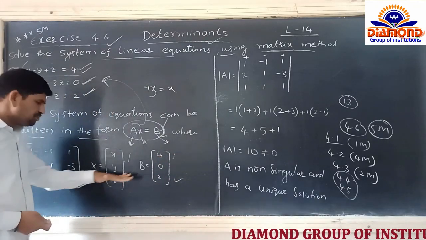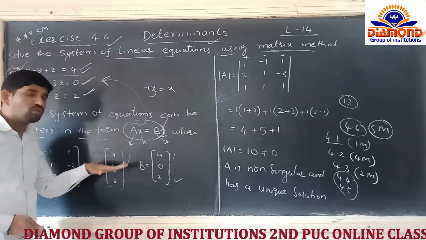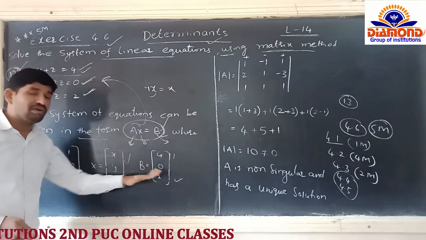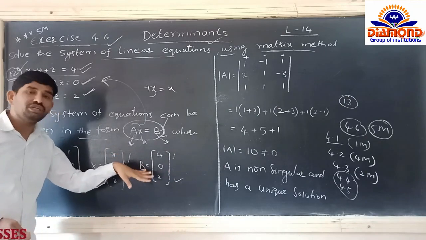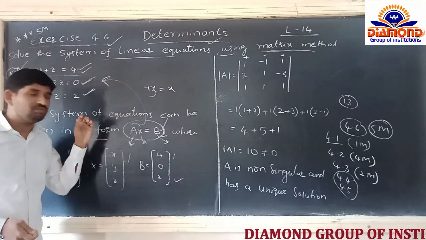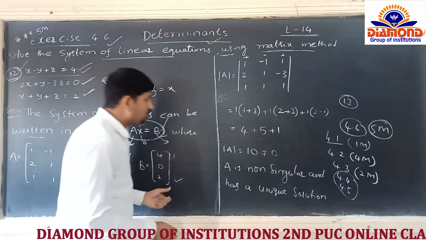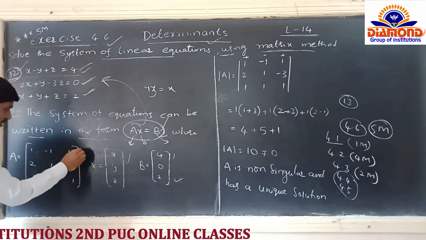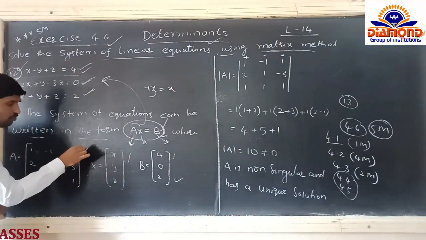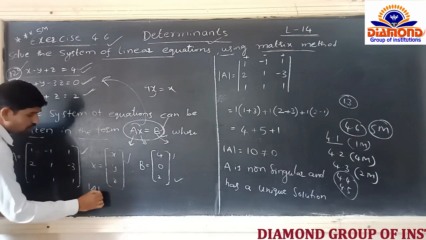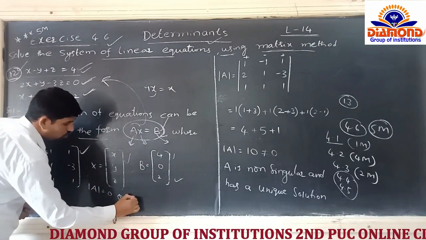So remember, first we have to know how to write the matrix A, matrix X, matrix B. Suppose we have completed up to here, we get 1 mark for this. After that we have to check the matrix A. By taking the matrix A, we have to check whether the determinant of A is equal to 0 or not equal to 0.